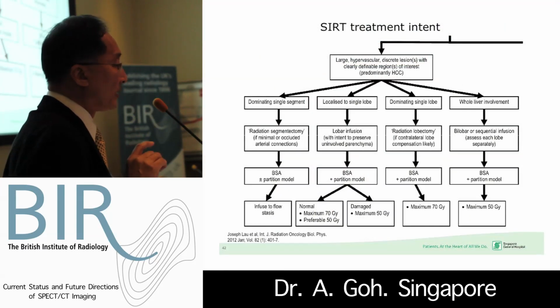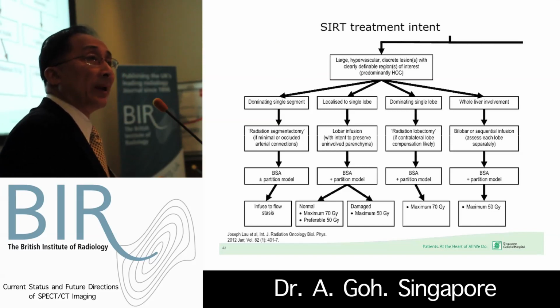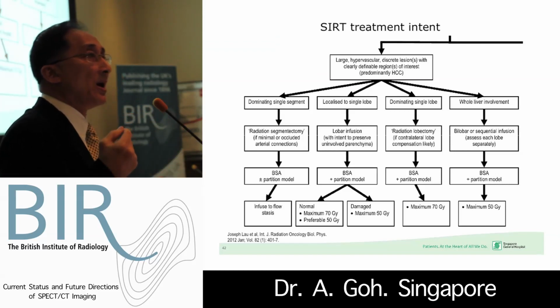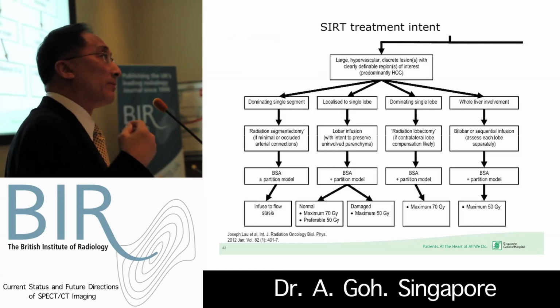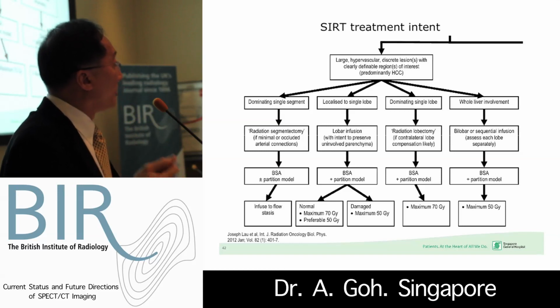now this slide is part of a very large schematic of the treatment planning approach, which I'm not going into, but I just wanted to highlight that applying the methodology that I just described allows you to predict accurately if your Y-90 therapy intention was for a radiation segmentectomy or lobectomy.